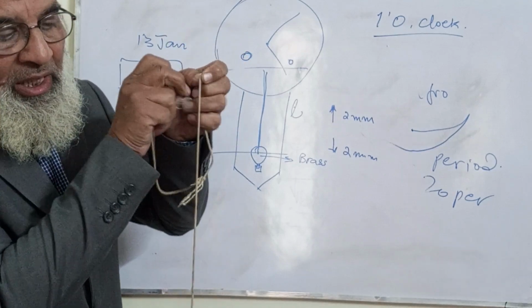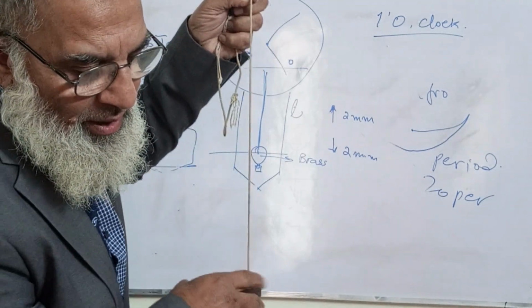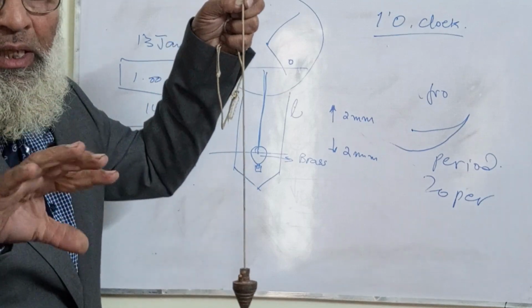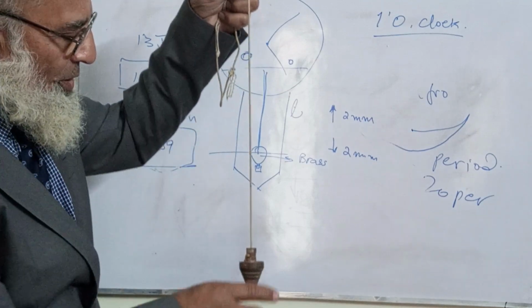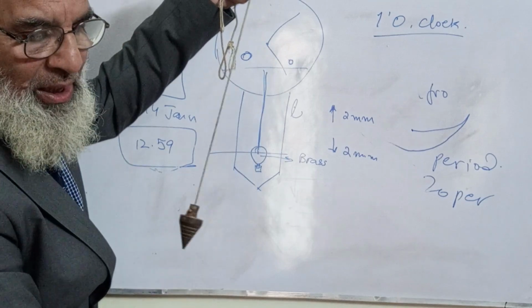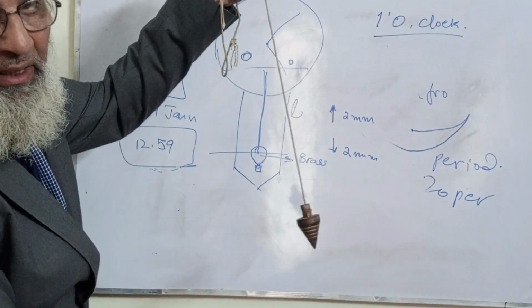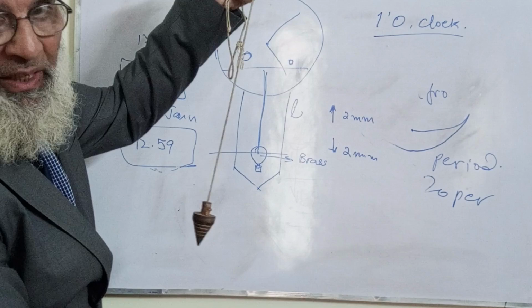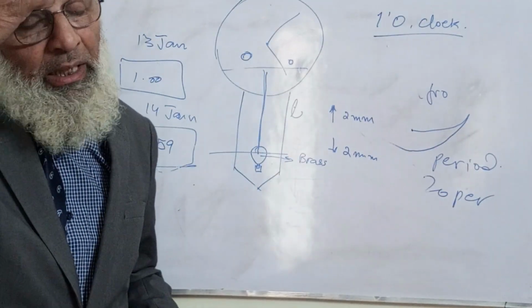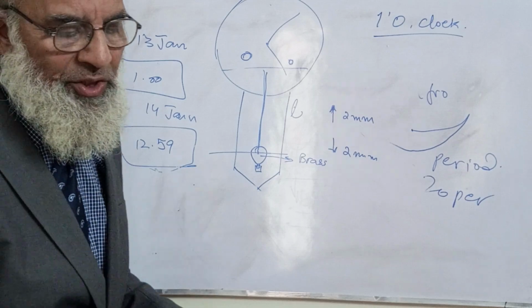Now you see that the time taken for 20 oscillations, I told you we usually take 20 oscillations, will be 18.1 seconds. So we can calculate the time taken by one oscillation.